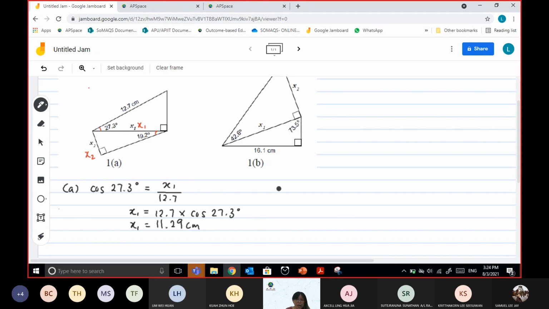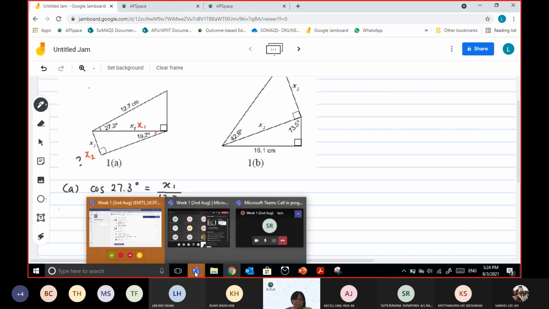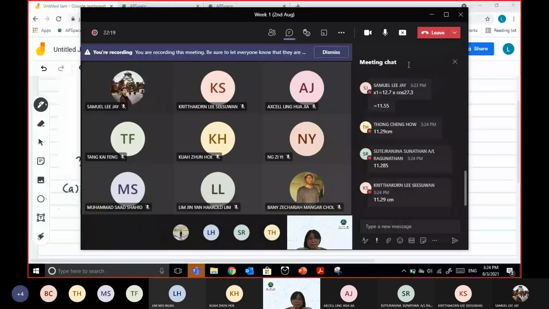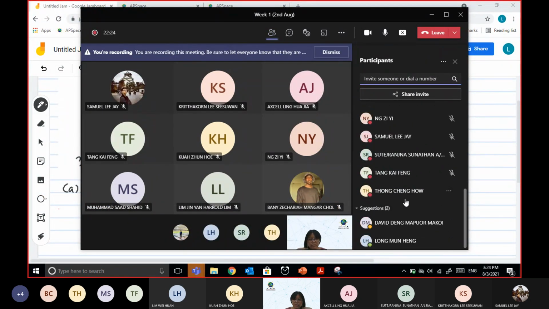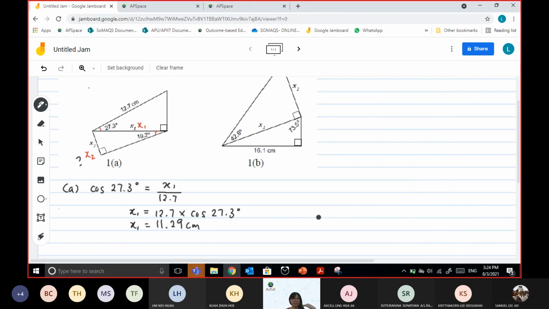Now, can I have x2? How do we find x2, the x2 here? Can a student tell me how to find it? Maybe I start from the bottom. Ching, how do we find x2?